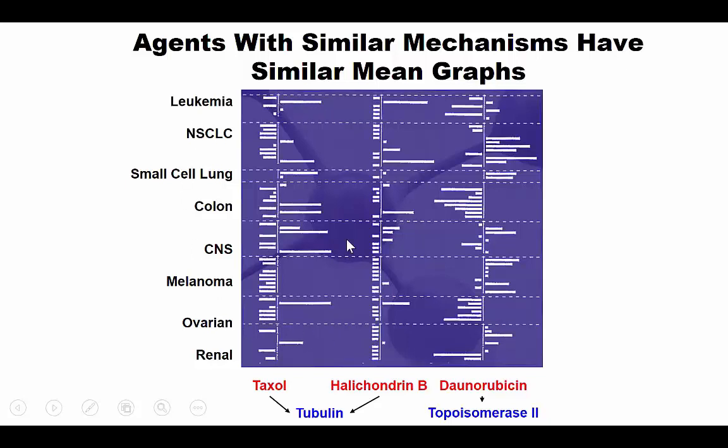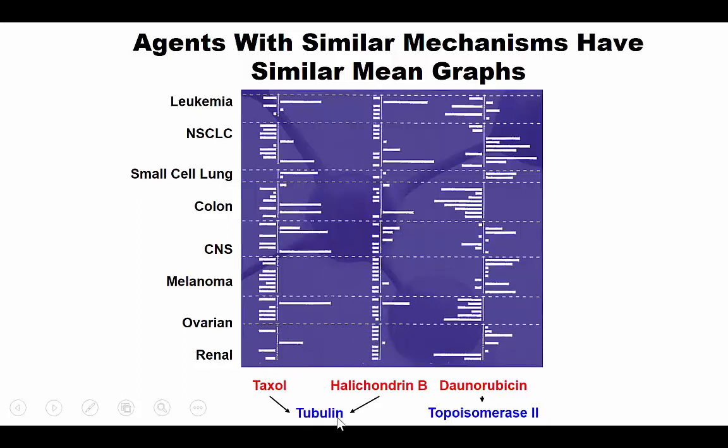By using this kind of pattern analysis, if they have a similar pattern, even though the concentration can be different, the relative sensitivity to this compound among those cancer cell lines can be similar. Then, even though this compound is a new compound, if the database has enough of this kind of pattern, by doing this pattern analysis, we can figure out that this compound may have a similar mechanism to Taxol.